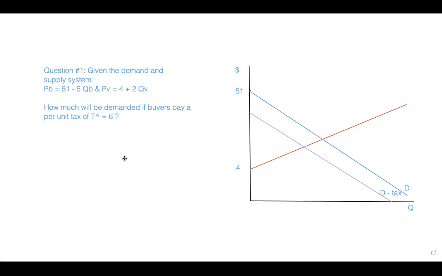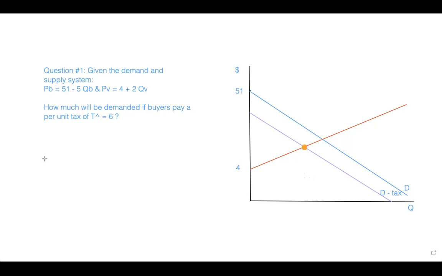My new quantity, I think it was 5.85. Okay, and can you tell us more explicitly how you got it? Once I had my new function for demand minus tax, I set that equal to what the supplier has for PS, and that gave me my new quantity Q. Yeah, so what you ended up doing is finding this new equilibrium quantity, right?